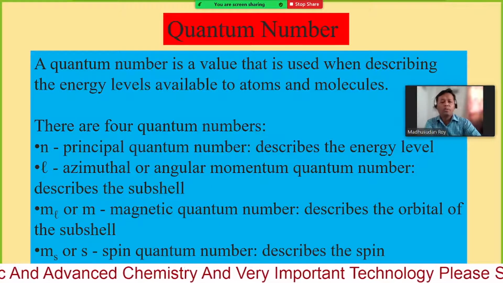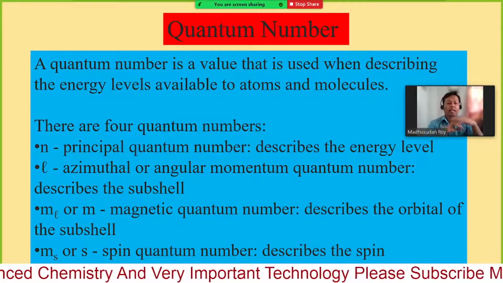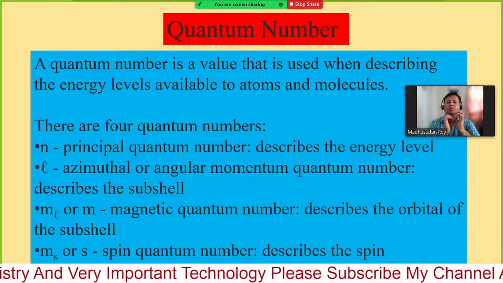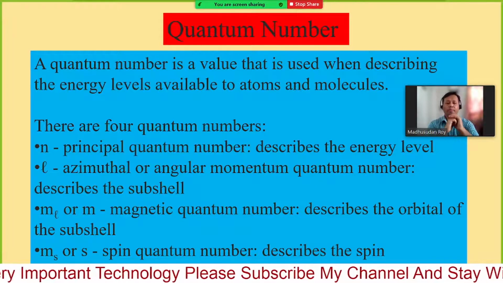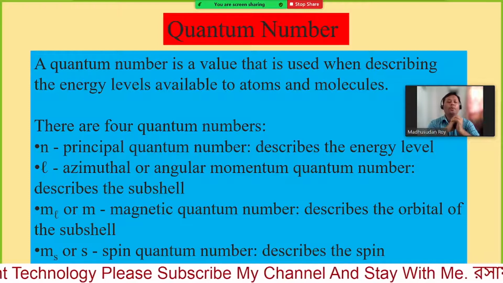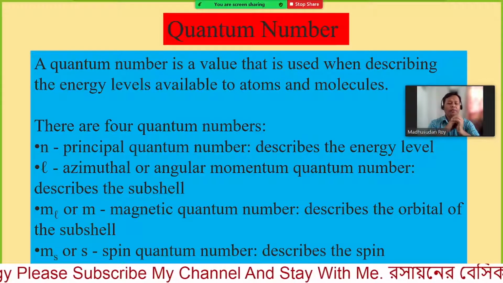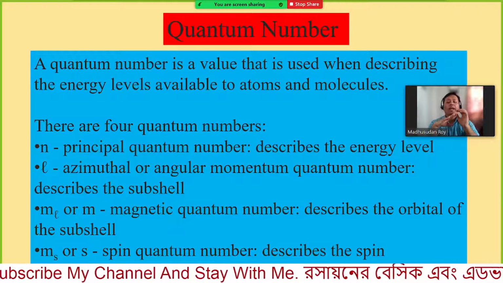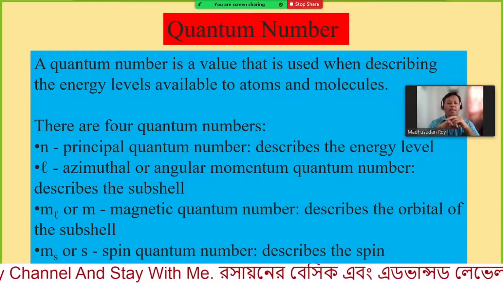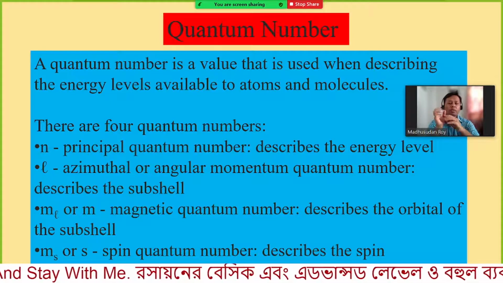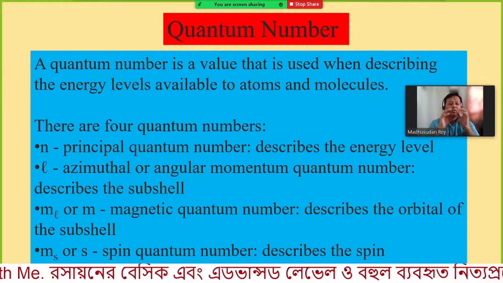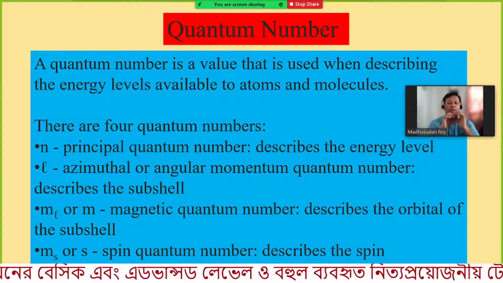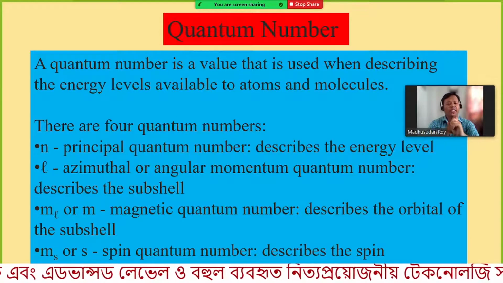And what is the azimuthal quantum number? In every orbit, or for every principal quantum number, we have several subshells, or azimuthal quantum numbers, where the electrons have different energy. Let us consider the first shell.